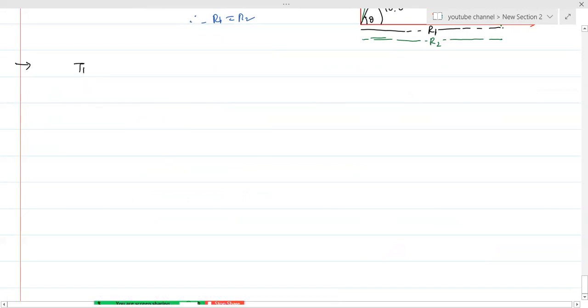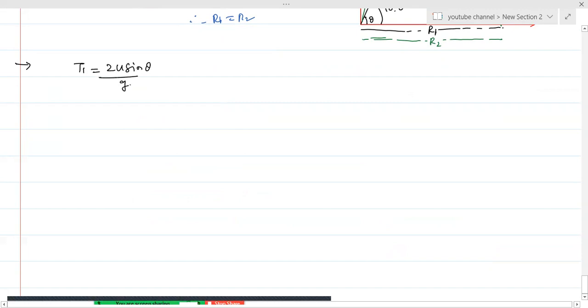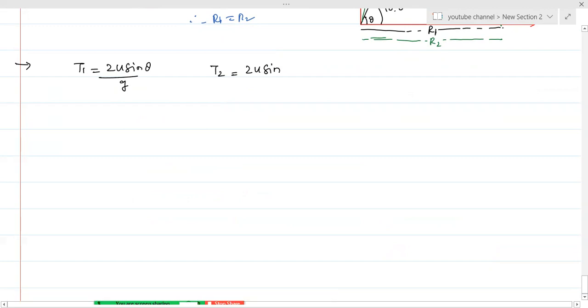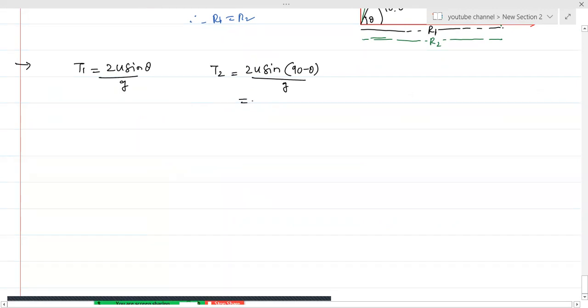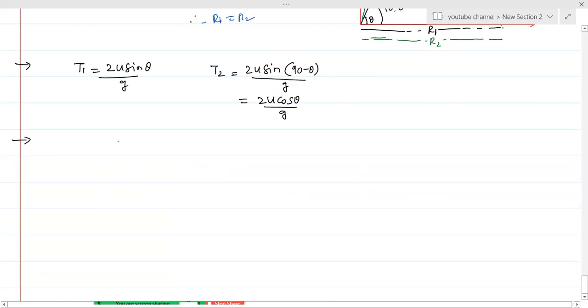Suppose for the first body, the time of flight is T1 equals 2u sin theta by g, and T2 is equivalent to 2u into sine of the second angle, 90 minus theta, by g. So finally, we have 2u cos theta by g. So these are T1 and T2.